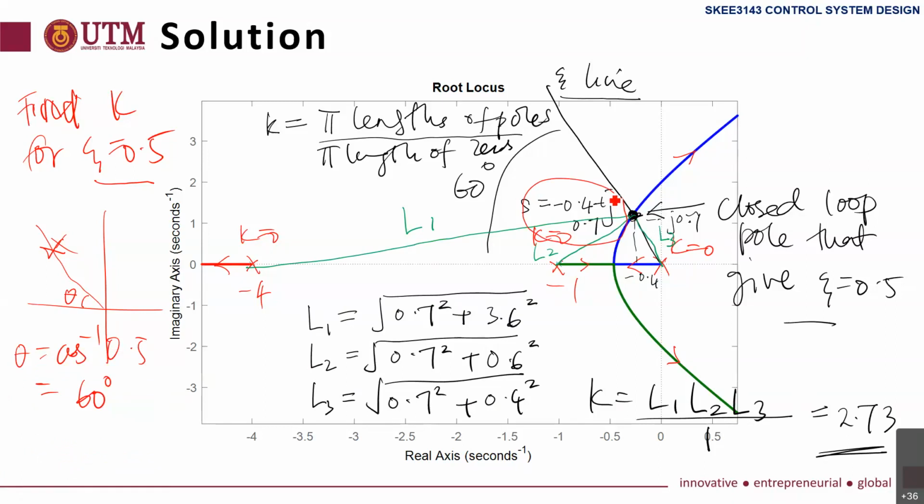So sometimes we have to interpret the value. That's why the value of K will be slightly different between each student. We will accept within a certain range. So here we get 2.73. This is the value of K that gives zeta 0.5.